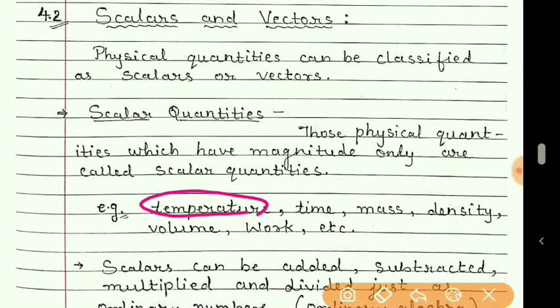So this 60 degree, which is a number, does not have any direction. Definitely, as it is a physical quantity, it has its unit, but it does not have direction. So only a number followed by the appropriate unit represents those scalar quantities.